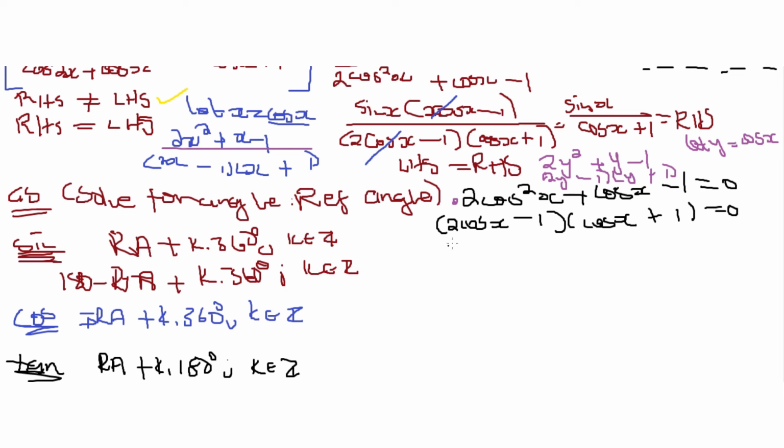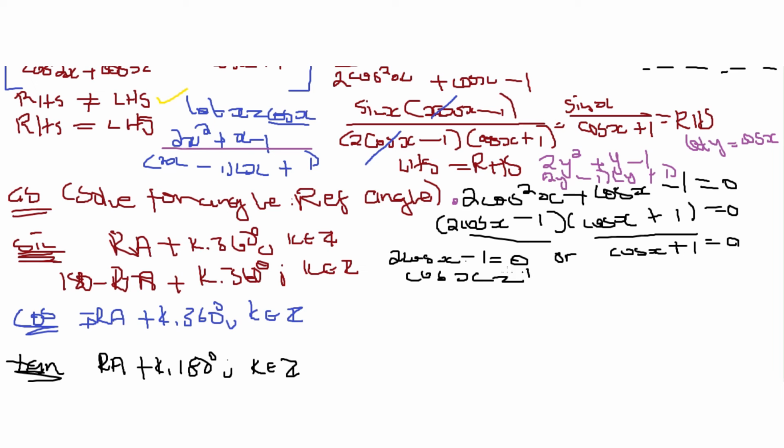While solving for x, we know that this bracket must be 0 or this bracket must be 0. Then you are left with 2 cos x minus 1 equals 0, or cos x plus 1 equals 0. Then you go about saying cos x is equal to the other side becoming positive 1 all over 2, divided by this 2.